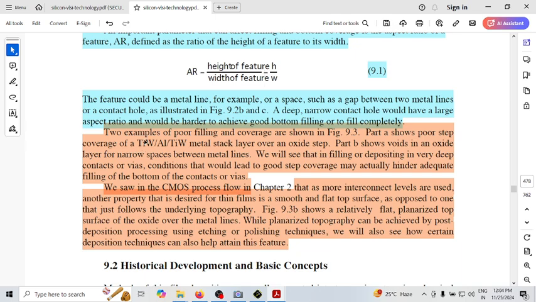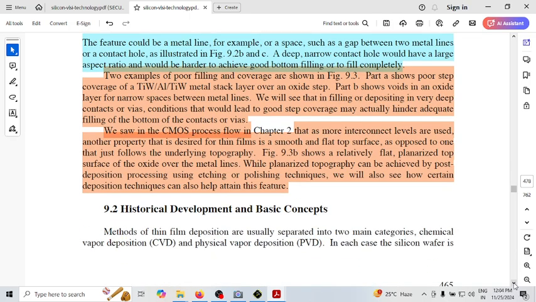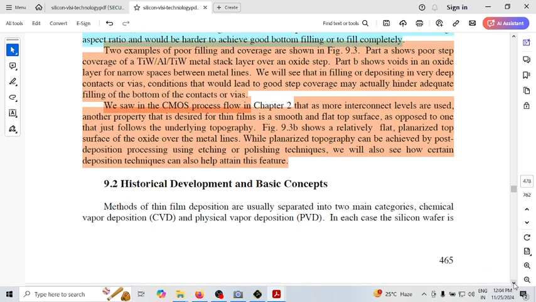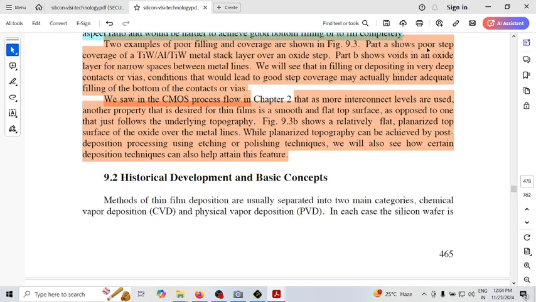One is the composition of titanium and tungsten, and on top of that you have aluminum. Again on top of that you have a titanium tungsten metal stack over an oxide step. So let us see how it looks. This is figure 9.3. Part A shows poor step coverage, and part B shows the void in the oxide layer for a narrow space between the metal lines.